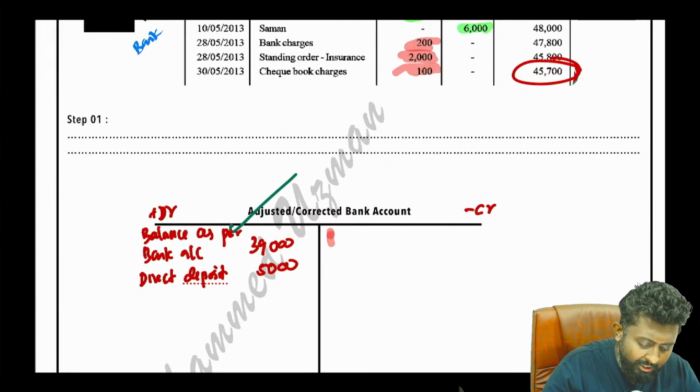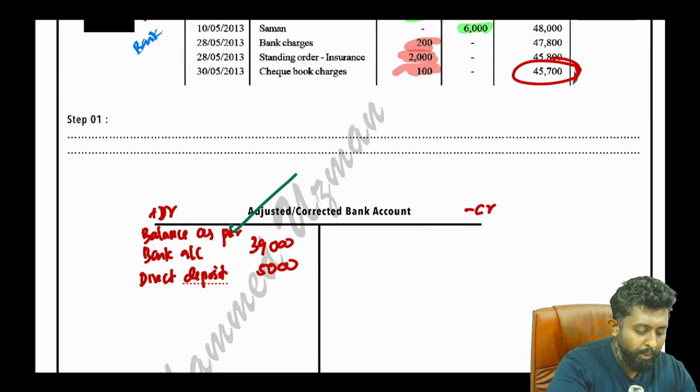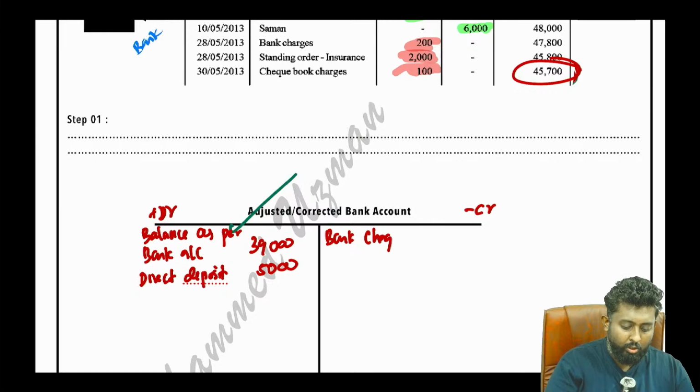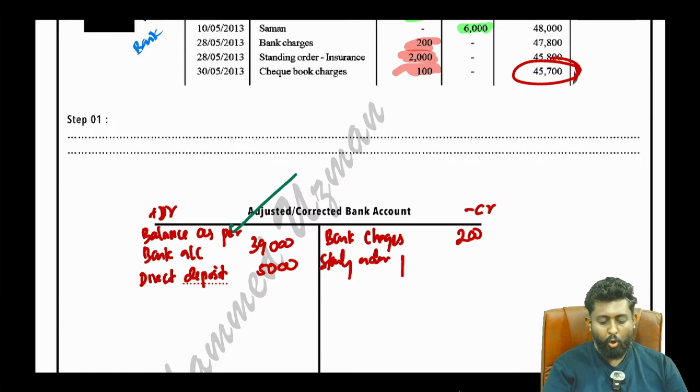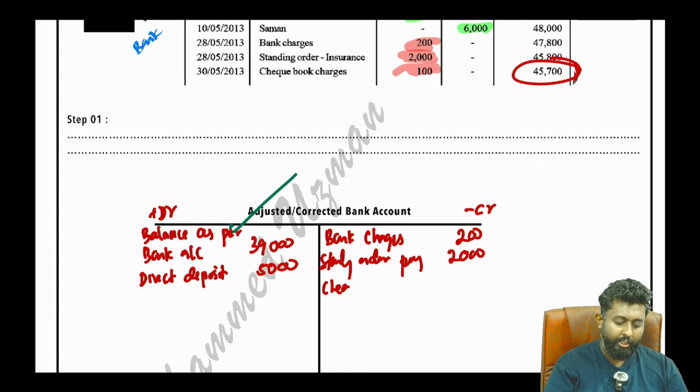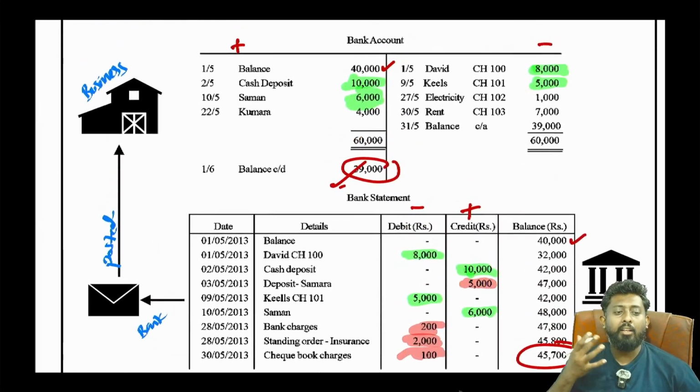So let's minus here: the bank charges of 200, the standing order payment of rupees 2,000, and then the checkbook charge of 100. Look, we have simply adjusted our bank account balance.